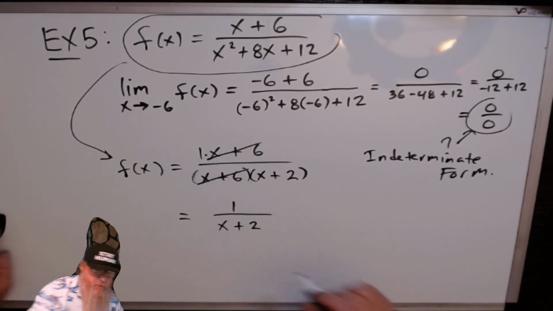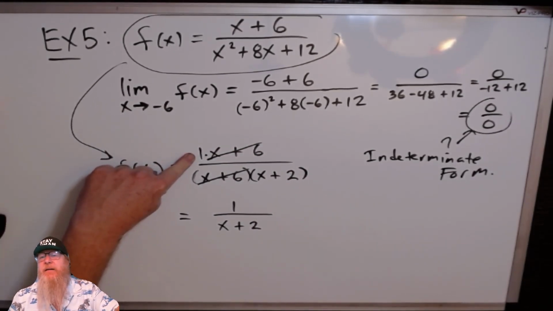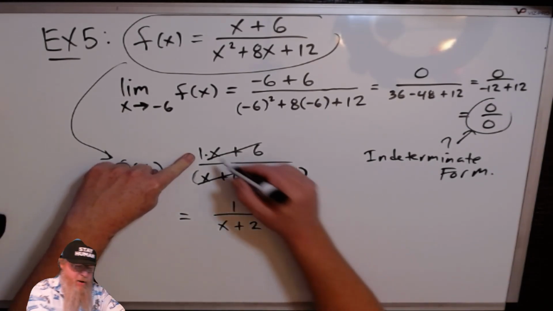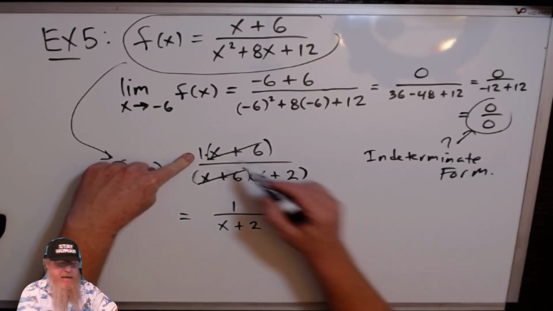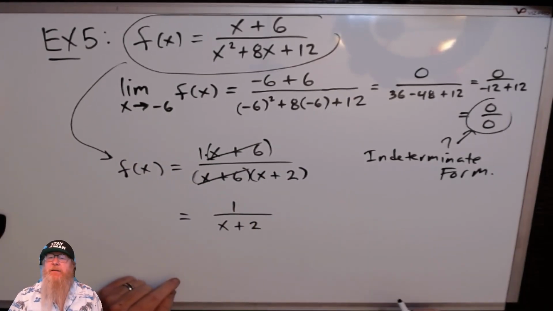Remember, there's an invisible 1 right here. It's technically 1 times x plus 6. When you cancel the x plus 6, you better put that 1 right there.